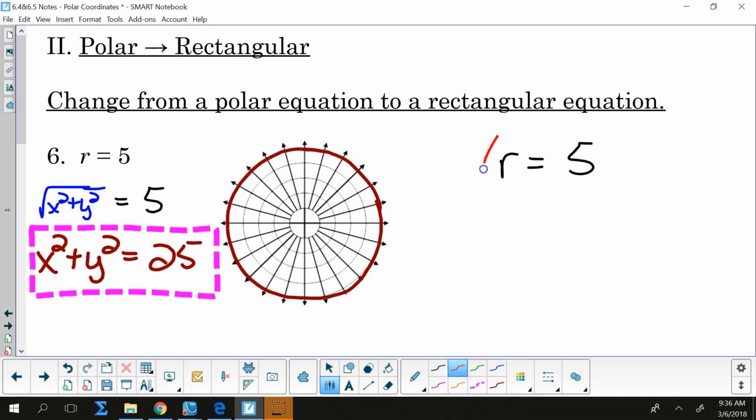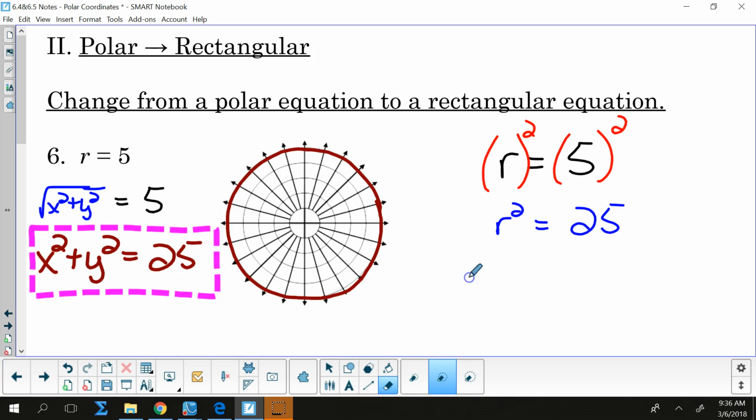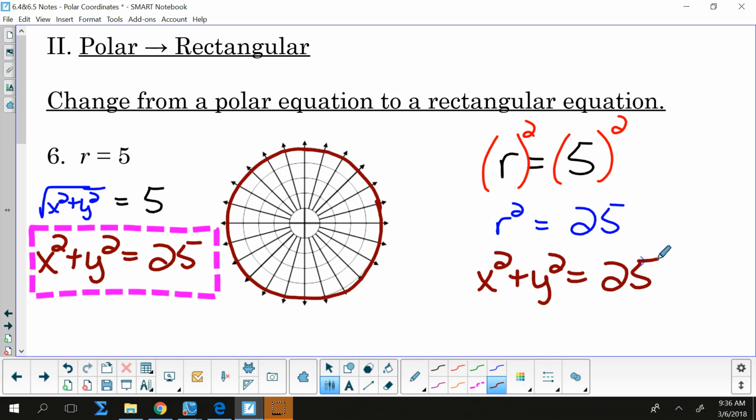Could I square both sides? And that would give me then r squared equals 25, and then I could use my tool of x squared plus y squared is r squared, and gets me that.